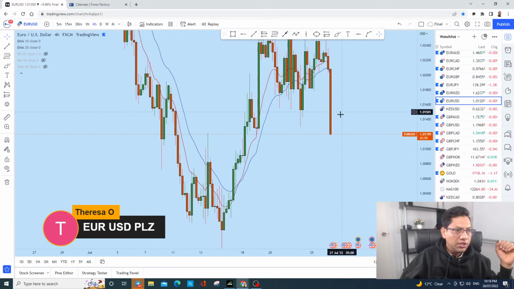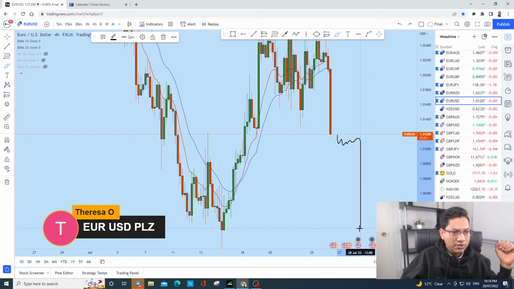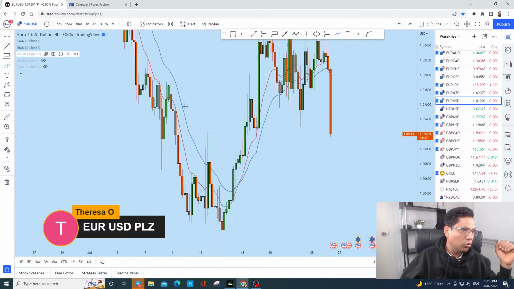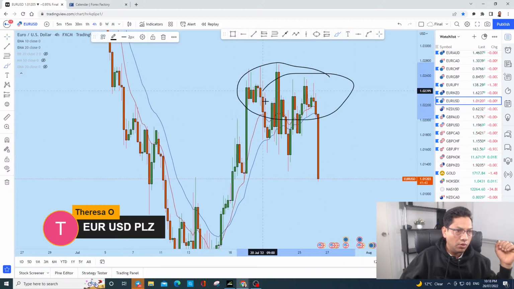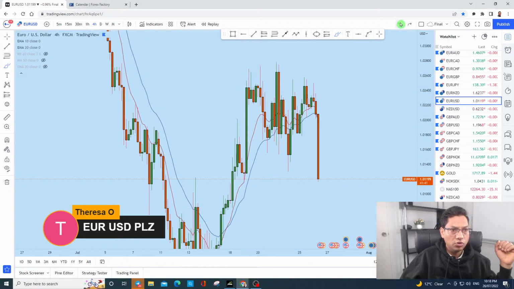I need to see Euro dollar completely broken down, followed by smaller candles. It looks like we will get some good trades on Euro dollar. I was waiting for a breakout from this consolidation.